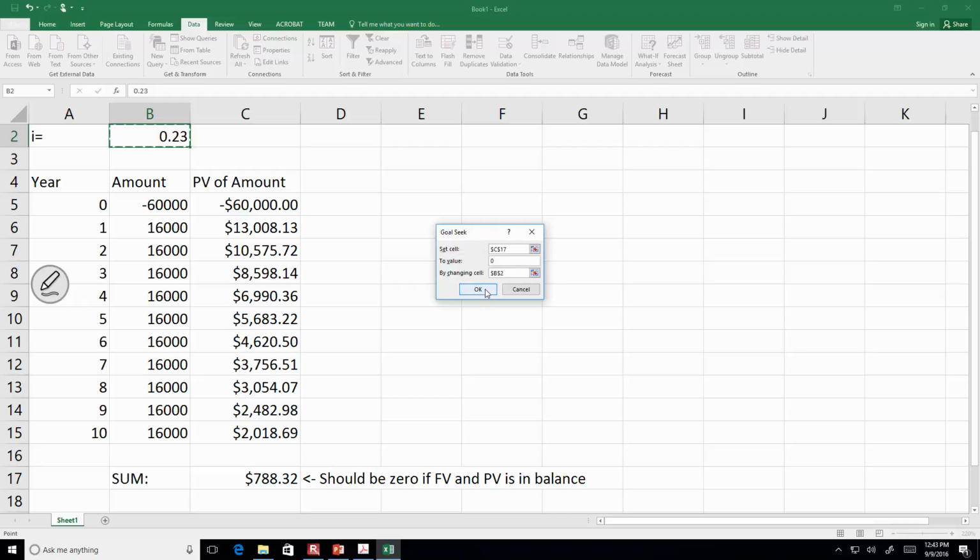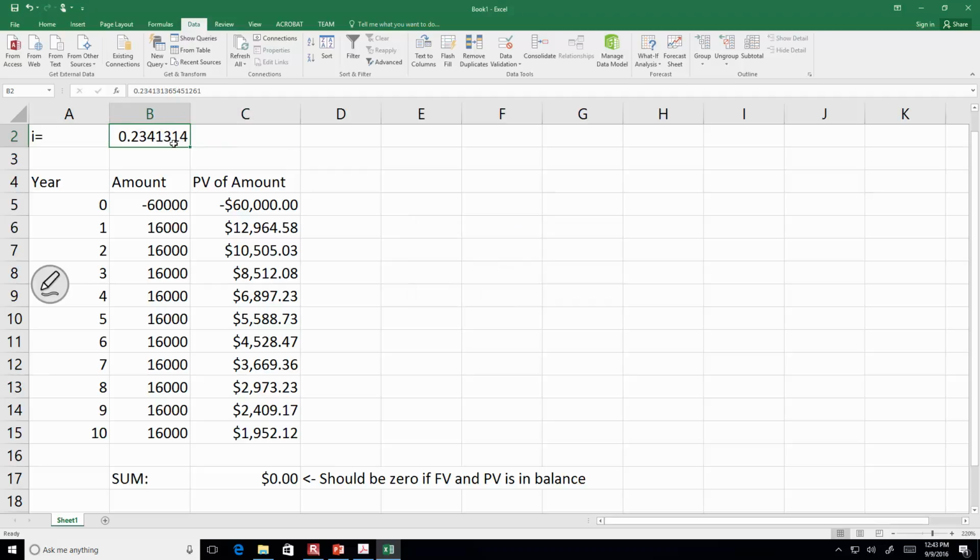So I say go for it, and then it finds the exact interest rate that, to the dollar, makes the inflows and the outflows equal. All right. That was a lot. But the good news is by the end of the semester, you're going to find this quite easy.